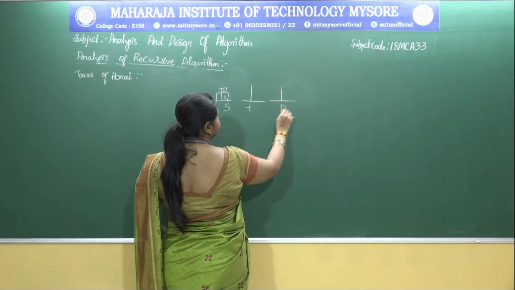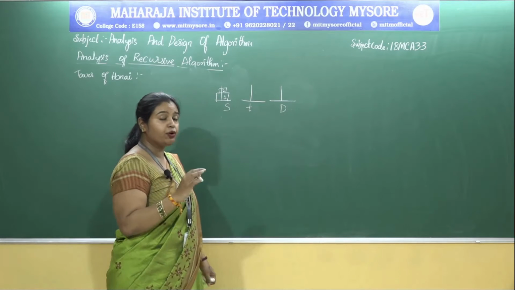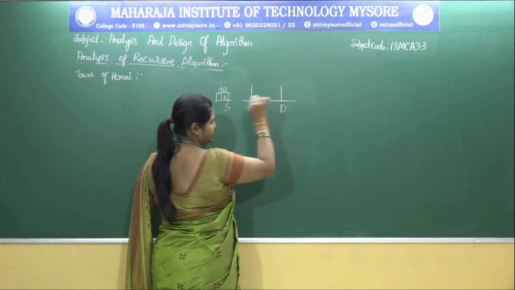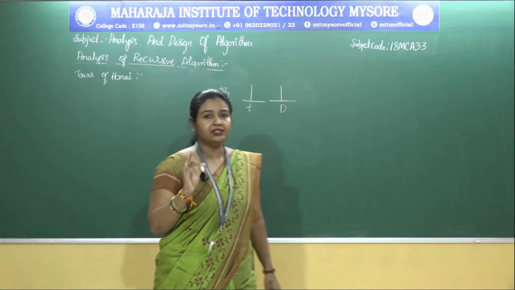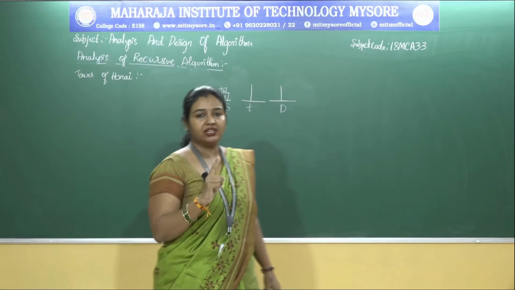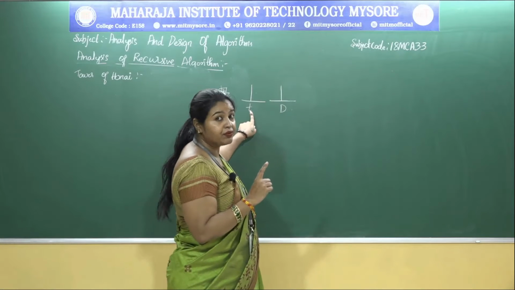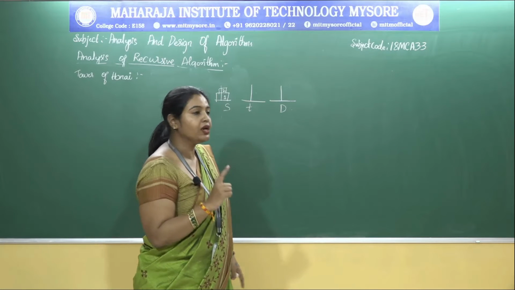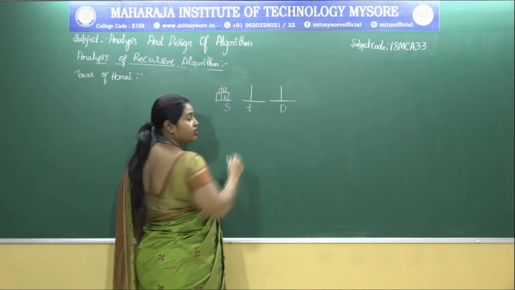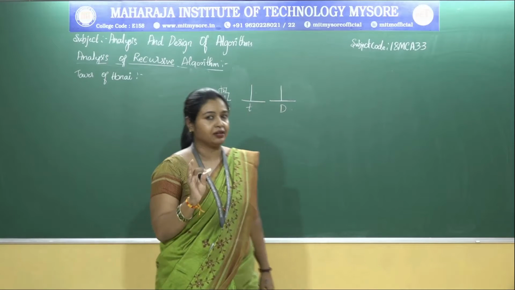So we have the temporary needle and the destination needle. Therefore, how many needles do we have? We have source, temporary and destination. Three different needles are required. That means one more extra needle, the temporary needle, is used. Now what happens? If we move directly from source to destination first, the same problem will occur.